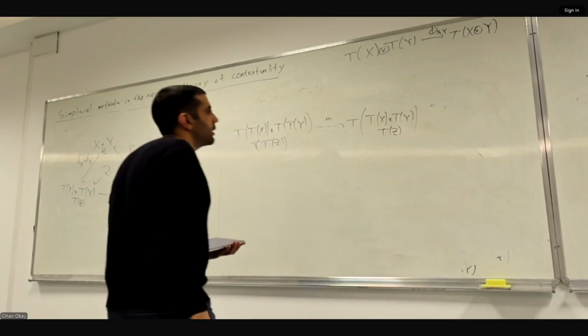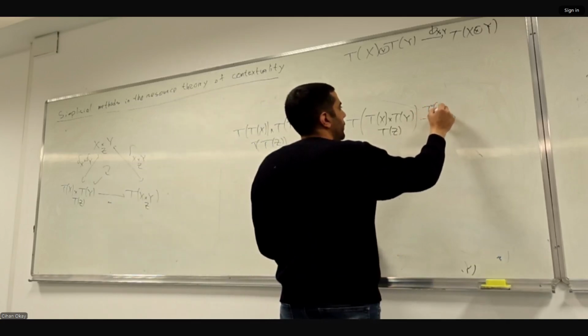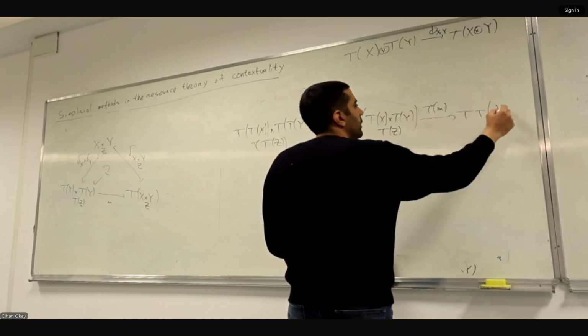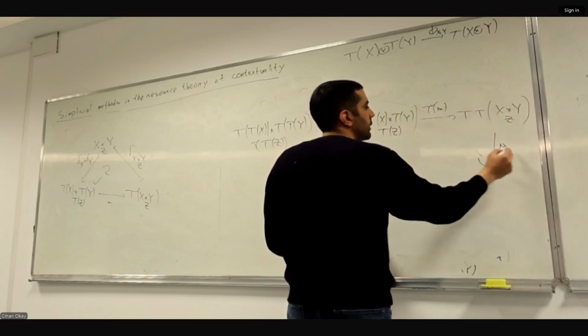And then one can do T of M on this in order to get T twice of, right? And then mu of this, right?